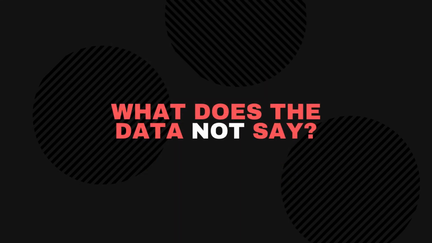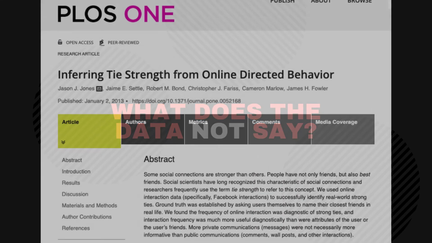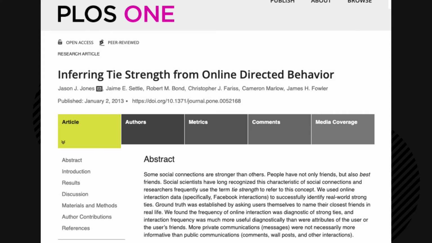Another reasonable concern is whether the digital Facebook social network is a good proxy for the real-life social network. Well, it actually turns out that it is a good proxy for all sorts of reasons. Perhaps chief among these, it turns out that people do tend to actually know their Facebook friends in real life.